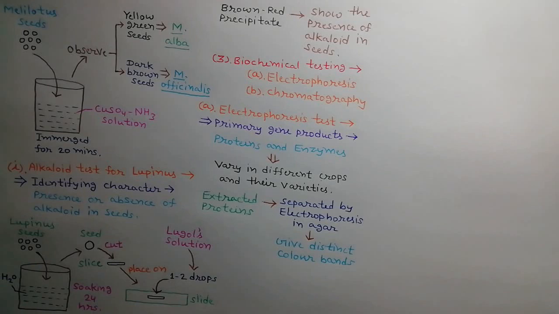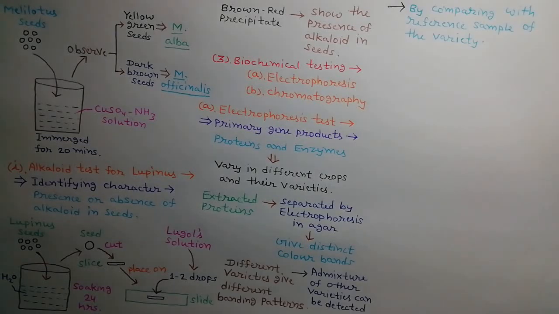The proteins extracted from seeds, seedlings, or leaves are separated by electrophoresis in a suitable medium such as agar into distinct color bands. Different varieties exhibit different banding patterns, on the basis of which admixture of other varieties may be detected by comparing with the reference sample of the variety.